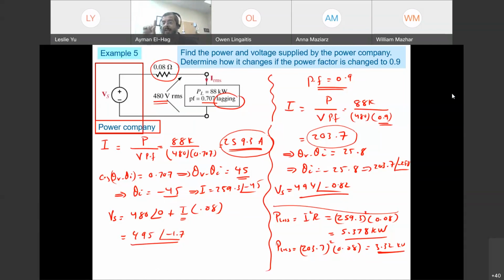We don't have DC. This is AC. So what type of load will give me that? When the thetas are the same, when we have a resistive load. Excellent, Ro, you got it.